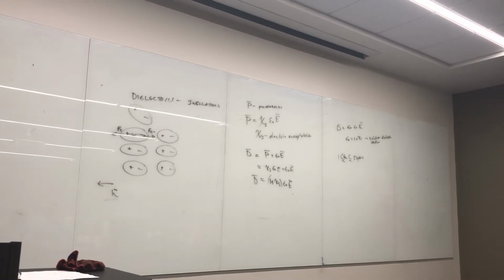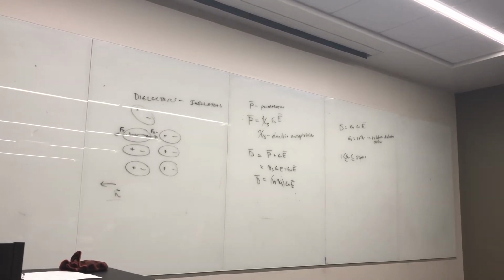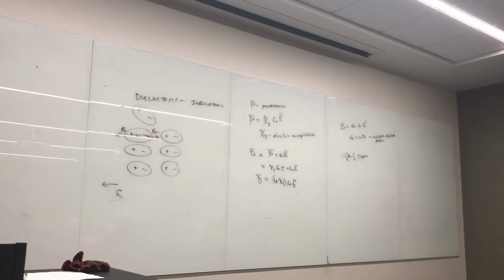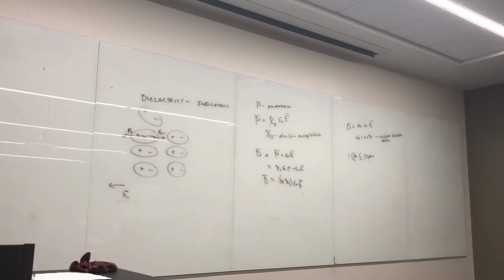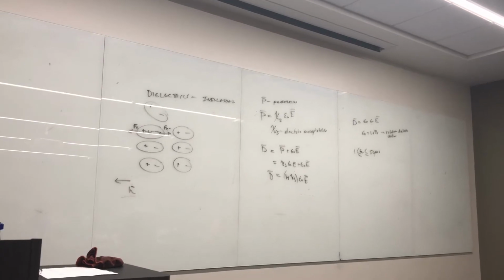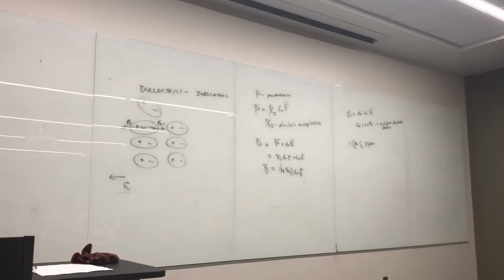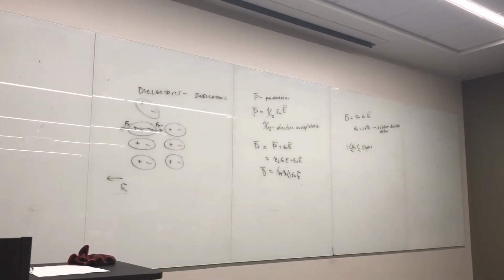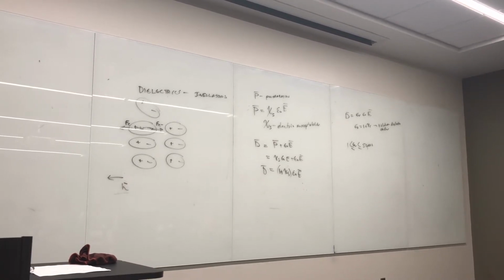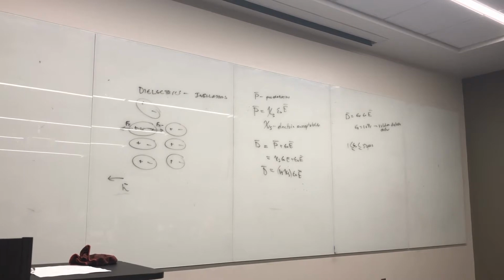It says epsilon R. Well, if you look at these values on page 625, he's got 1.005 for air. It's about 1. Alumina is 8.9. Barium titanate is 1200. That's rare. Glass is 10. Seawater, 72.